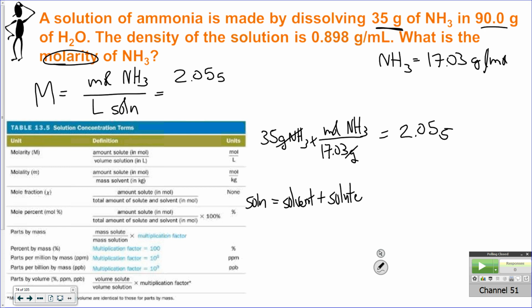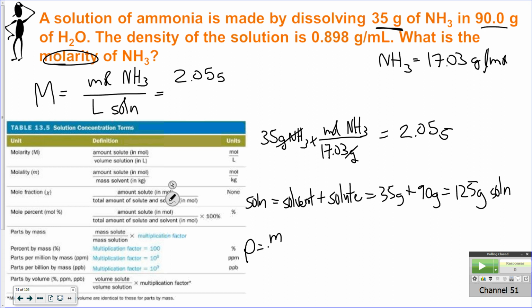Putting those together, the 35 grams plus the 90 grams equals 125 grams combined. So that's the mass of the solution. Now we can use the density that's provided. Density equals mass divided by volume. We know the mass and the density, so we can rearrange that equation and find the volume.